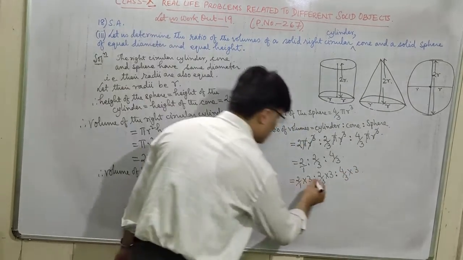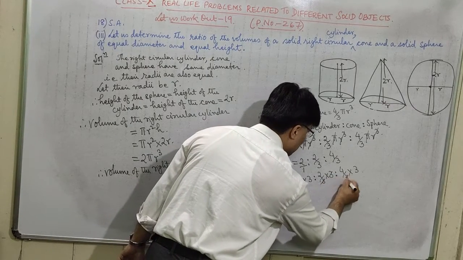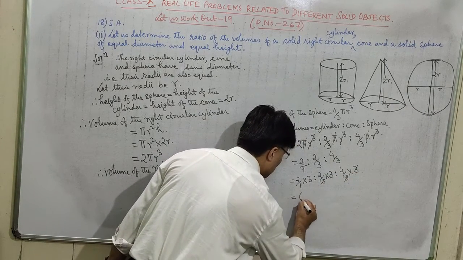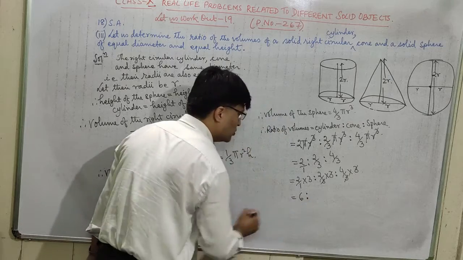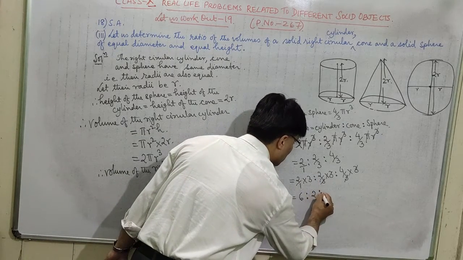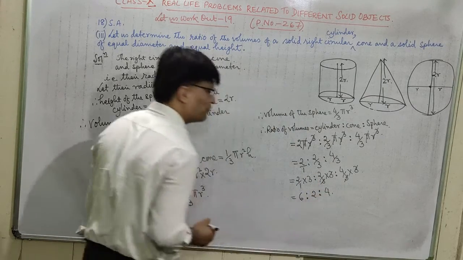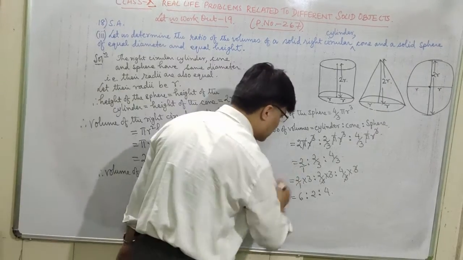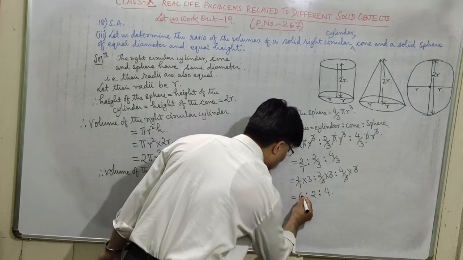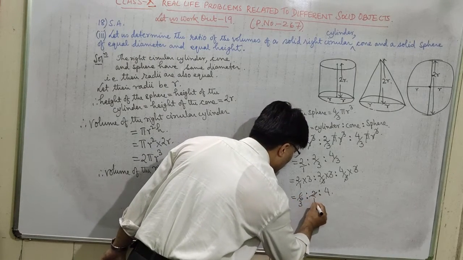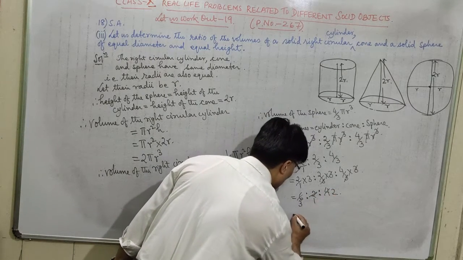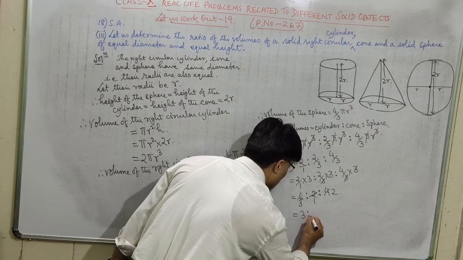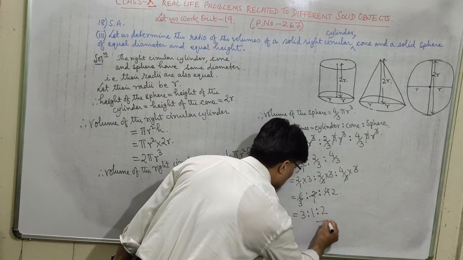Is that clear? Here 3 gets cancelled, here also 3 gets cancelled, which is equal to 6 is to 2 is to 4. Again, you can cancel the similar terms here. 2 threes are 6, 2 ones are 2, 2 twos are 4, which is equal to 3 is to 1 is to 2.